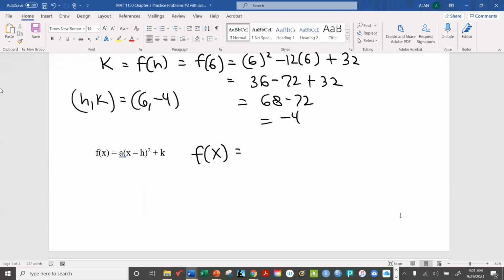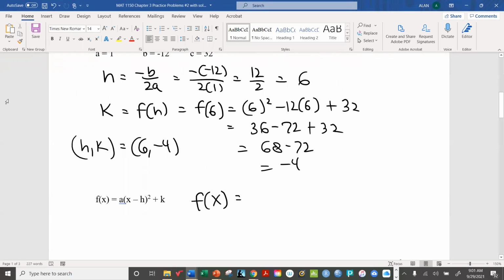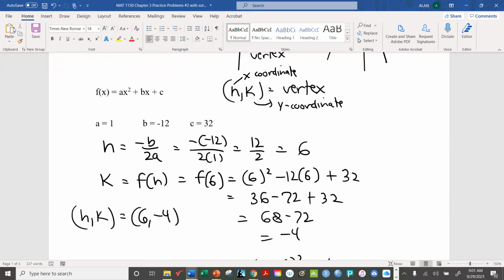So a was 1, so we can basically just leave it out. x minus h, which is 6, squared, plus k, which means -4. It's hard to believe, but these are the same thing.